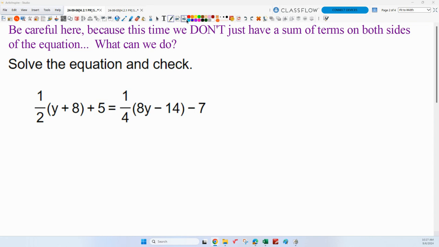But when you do that, again, you have to be a little bit careful. When I distribute the 4, where do I distribute it to? Okay, so I'm going to distribute it there. Do I need to distribute it to the y plus 8? No, I don't, because I distributed it.